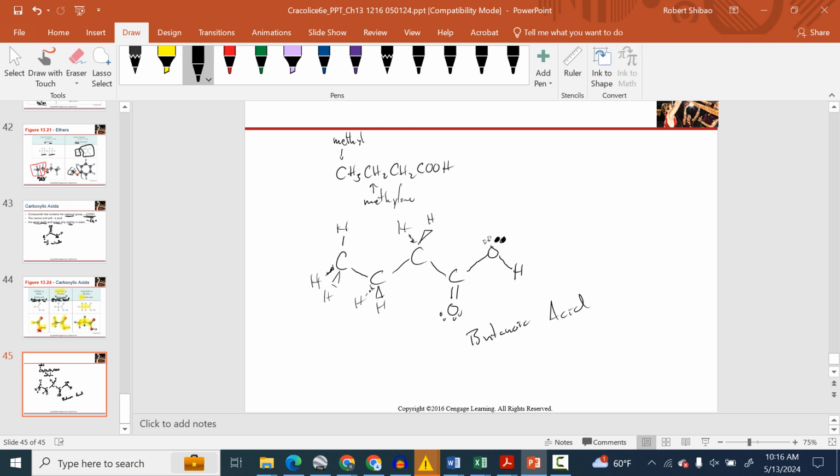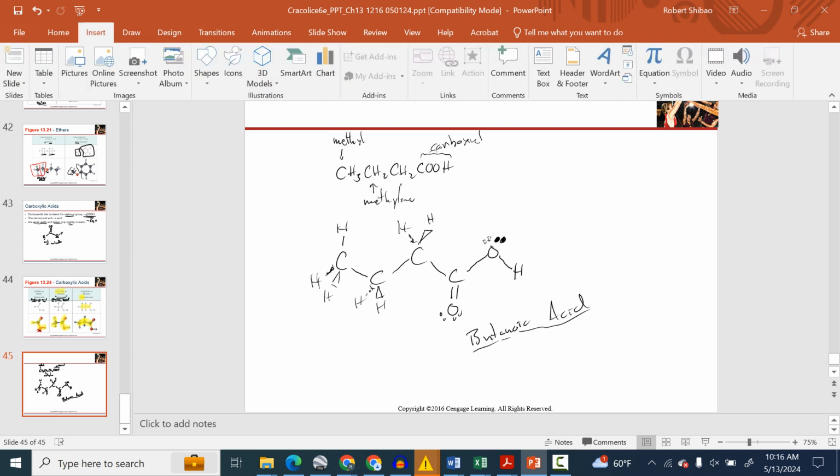And then we have the carboxyl group here. So but, 4 carbons, ane, no double bonds, oic acid, carboxylic acid: butanoic acid.